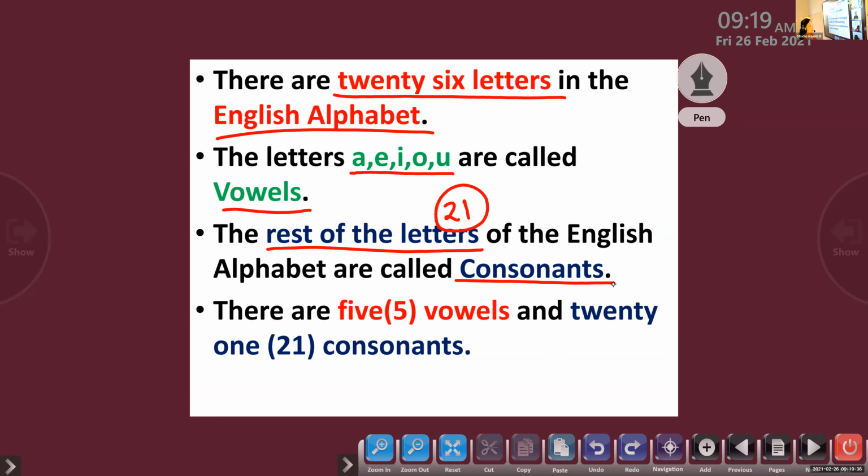So let us once again revise that 5 are vowels and 21 are consonants.